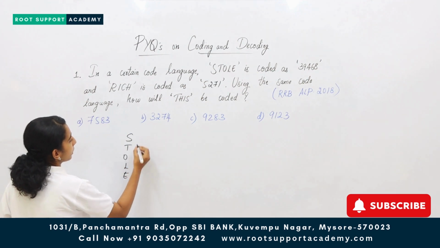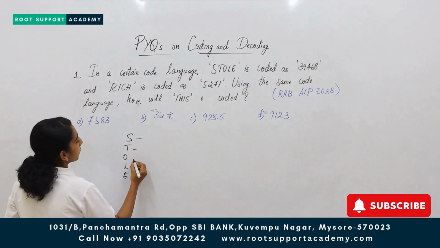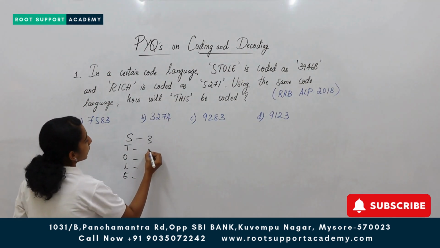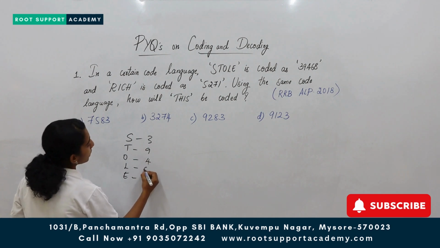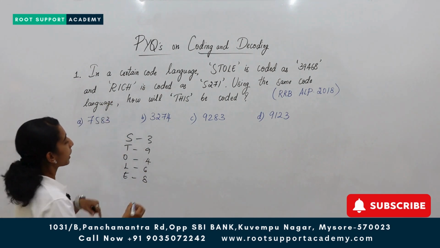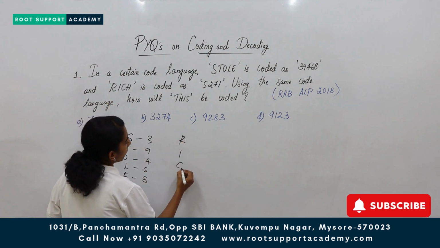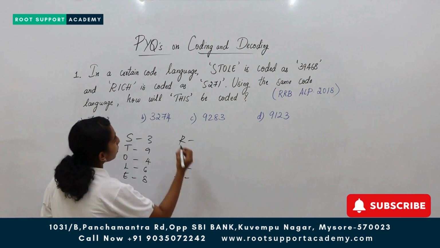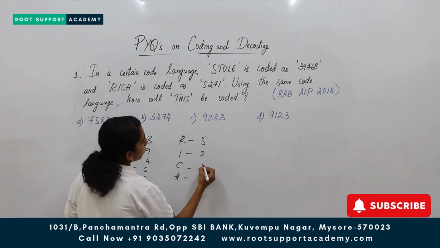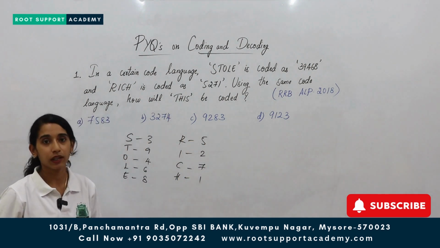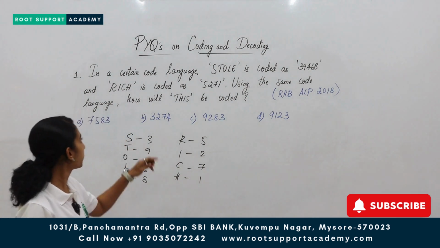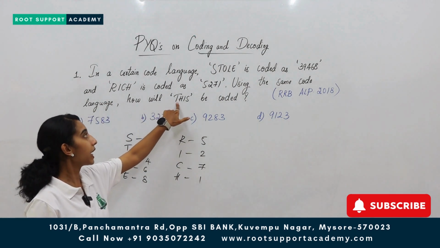STOLE is coded as 39468. Next, RICH is coded as 5271. This is a different type of problem in which they have asked THIS.